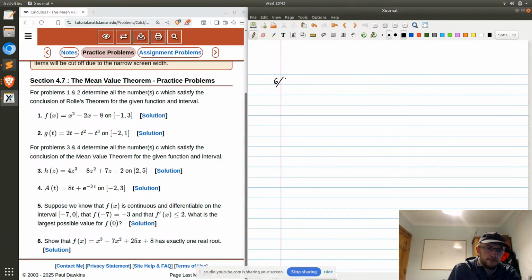So, problem 6. Show that this cubic has exactly one real root. Just one, no others. Very well.